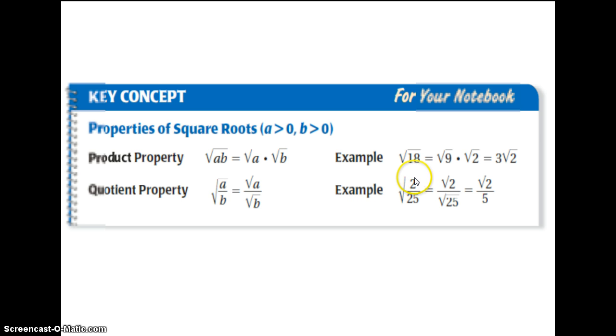For example, with the square root of 2 over 25, you can separate the radicals: we have the square root of 2 on the top, and on the bottom you can find the square root of 25, which is 5. One of the big things for fractions is you don't want a radical on the bottom of the fraction, so you have to get rid of it if you have one. To do that, you multiply the bottom and the top by the same radical you have on the bottom. Just remember that you have to get rid of those radicals on the bottom of the fraction.